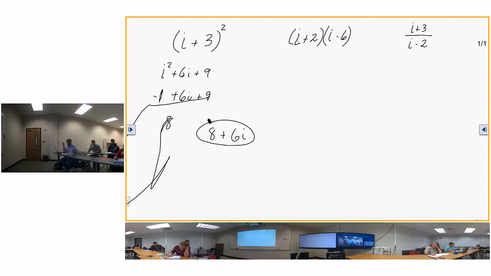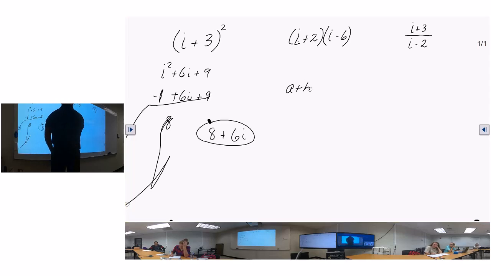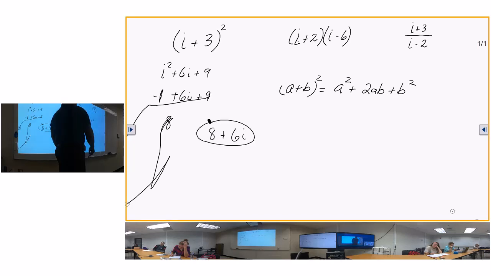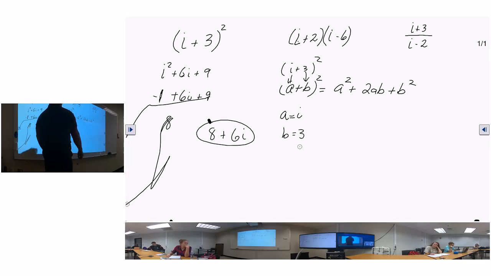Shortcut number 1. I'm going to go over it one more time. a plus b, quantity squared, is equal to a squared plus what? 2ab. You just answered your question. Here it is. i plus 3, quantity squared. So a is equal to i, b is equal to 3.